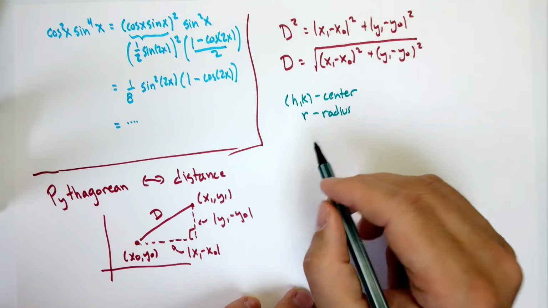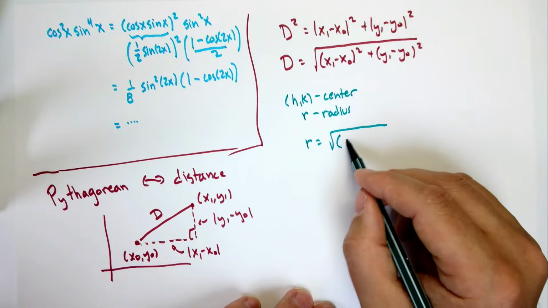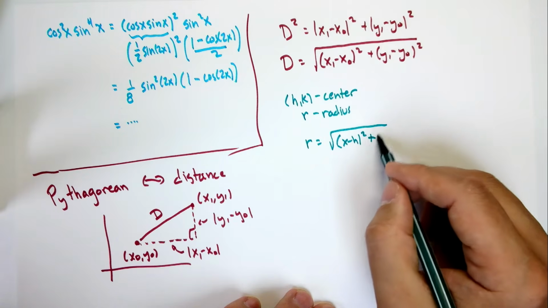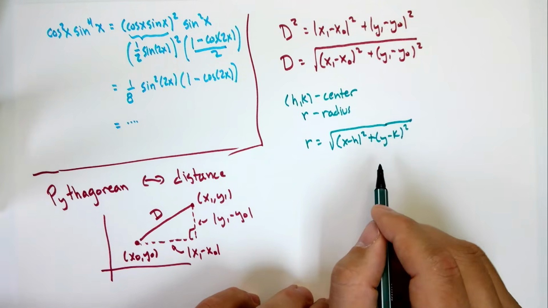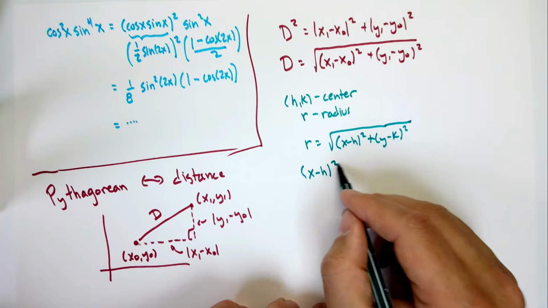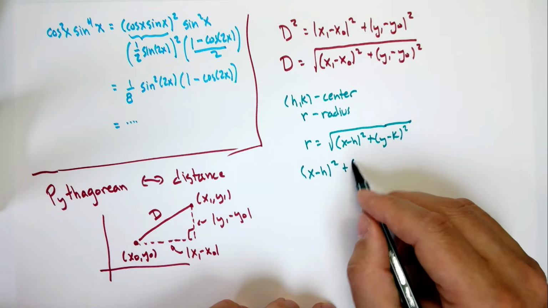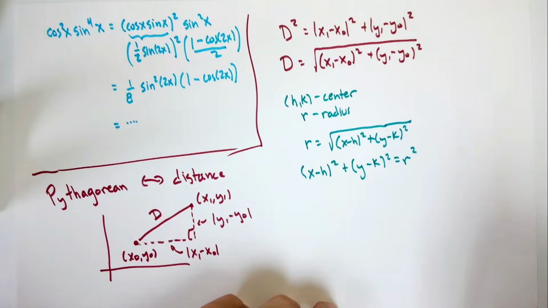Applying the formula, a circle has the form r equals the square root of x minus h squared plus y minus k squared. In other words, a point's on the circle if and only if it satisfies this relationship, which becomes, squaring both sides, x minus h squared plus y minus k squared equals r squared. So the formula for the circle follows directly from the Pythagorean theorem.